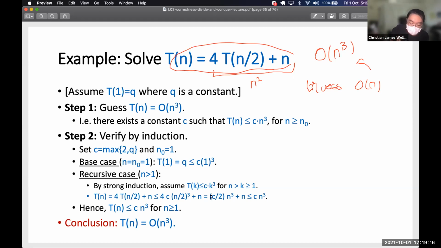But let's say I give you this recurrence instead: T(n) = 4T(n/2 + 1) + n. Unless you manipulate this into some form, you can't exactly use the master theorem, because adding this plus 1 disrupts your plan.